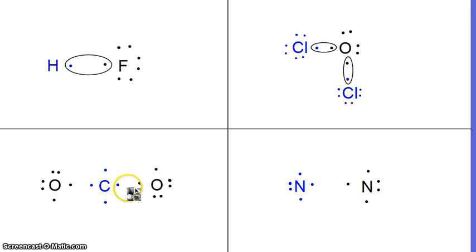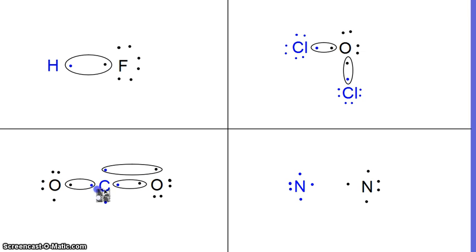Not only can this happen between multiple atoms, but we can have multiple bonds between atoms. So for the example of CO2, 1 carbon and 2 oxygens, we can look at if this carbon were to share twice to make what would be called a double bond between the carbon and the oxygen, that would give this oxygen 2, 4, 6, 8 from its perspective.